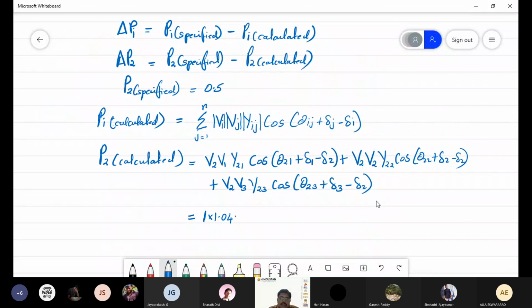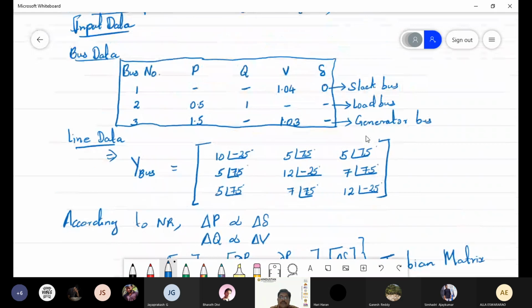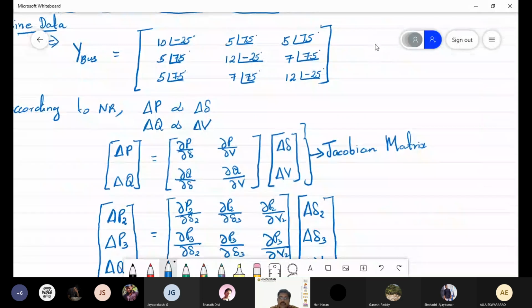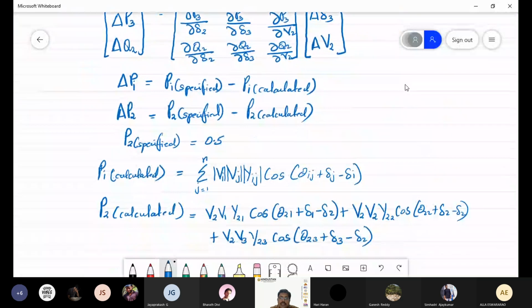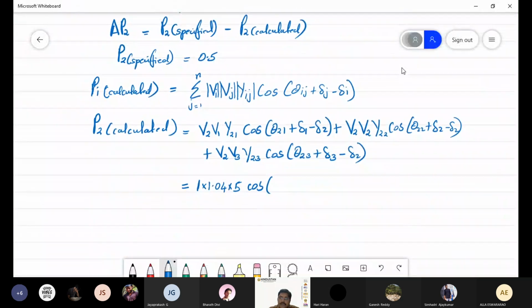Multiplied by Y21 value 5, and cos of theta 21 is 75, plus del 1 value is 0, minus del 2 value, which is not given, but V2's angle will be 0 if we take the flat voltage, so that is also 0. Please keep it in mind.